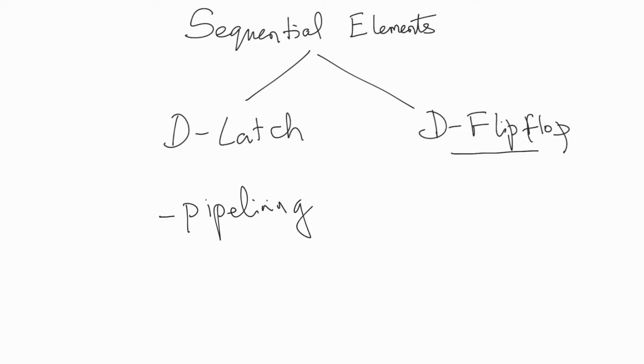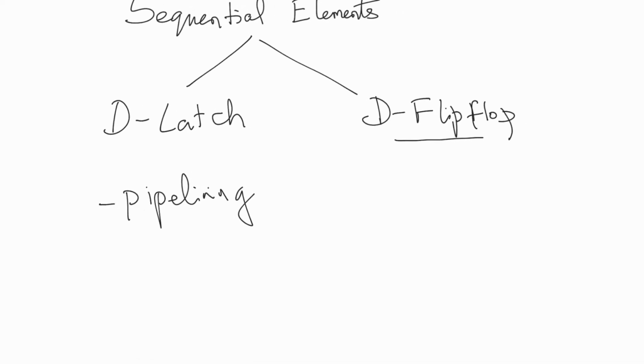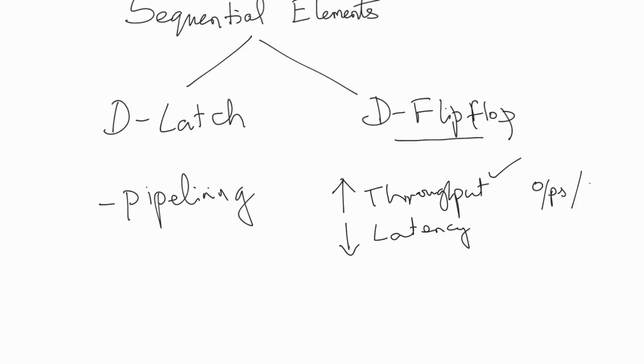Pipelining is the concept of dividing your bigger block into smaller sections so that you can increase throughput. Latency might decrease a little bit, but throughput is what you are interested in. Throughput is the number of outputs per second, or it could also be measured in instructions processed per second.